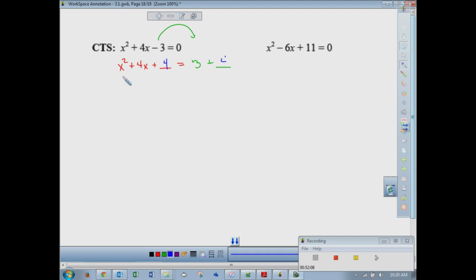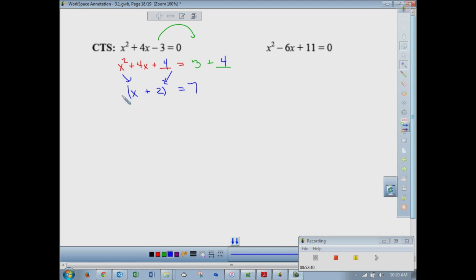It factors very simply to be the square root of the first term and the square root of the last term, and whatever sign you are right there, quantity squared. Same perfect square trinomial trick we did before. Square root of your first term, square root of your last term, sign comes in the middle, the quantity's being squared, and over here, don't you have a 7? 3 plus 4.